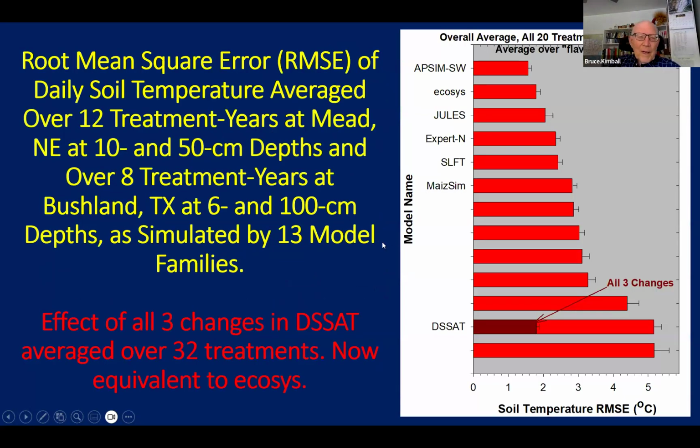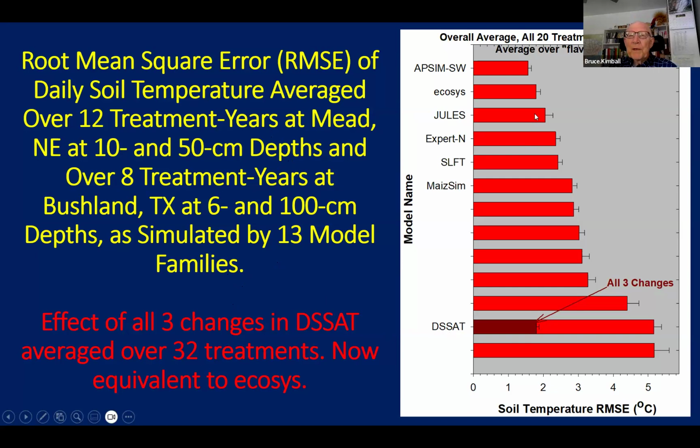And then, combining both the new method for getting the soil thermal conductivity, i.e. damping depth, and this method for doing the surface energy balance to get the soil temperature at the surface, and accounting for leaf area proportionate between bare soil and total full canopy, I got the root mean square error to get down to this point for DISAT.